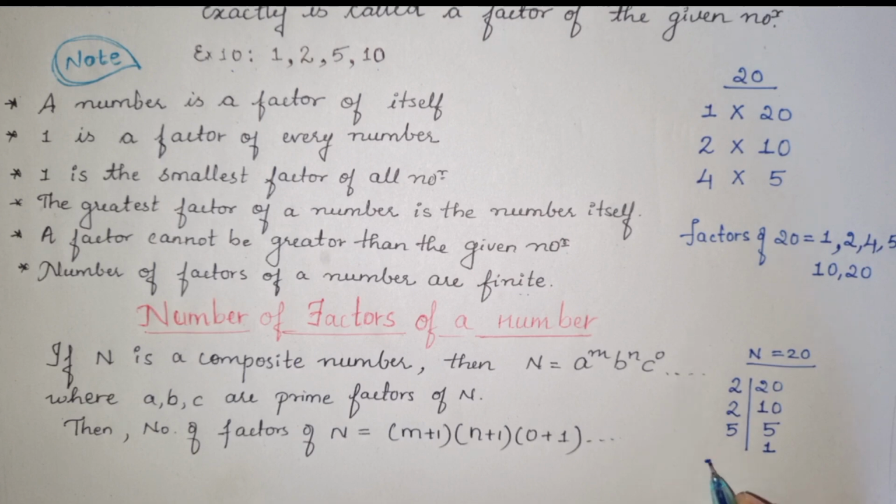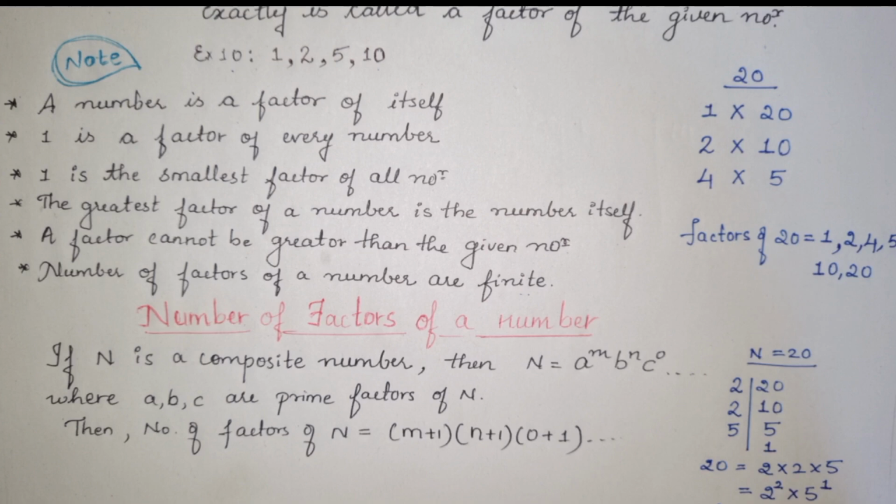So the prime factors of 20 are 2 into 2 into 5, which can be written in the form of powers as 2 raised to 2 into 5 raised to 1. So here we get m equal to 2 and n equal to 1. Let us substitute here.